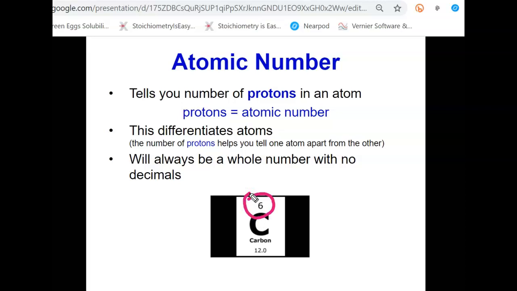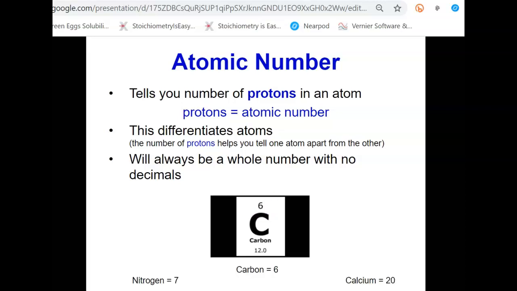Sometimes it's in the upper left, sometimes it's in the upper right, sometimes, as in this one, it's right above the symbol for the element. This helps us differentiate different atoms. Every element will have a different number of protons. Every atom of that element will always have the same number of protons. It will always be a whole number.